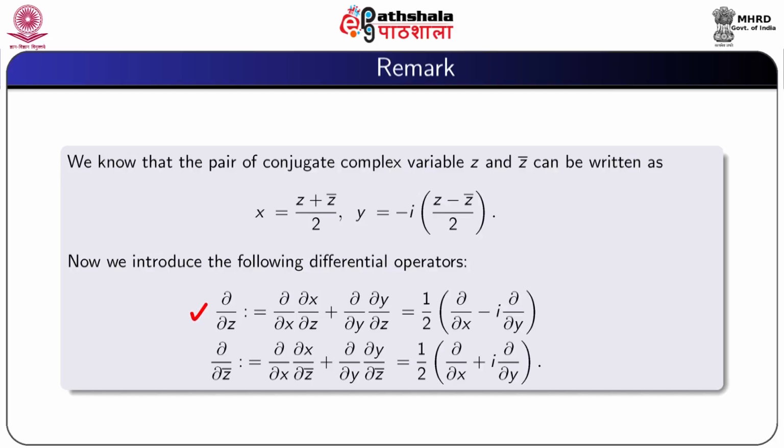Number 1, del del z, which is equal to del del x into del x del z plus del del y into del y del z, and which gives after simple calculation half into (del del x minus i del del y), and another operator del del z bar, that is equal to del del x into del x del z bar plus del del y into del y del z bar, and this will give half (del del x plus i del del y).